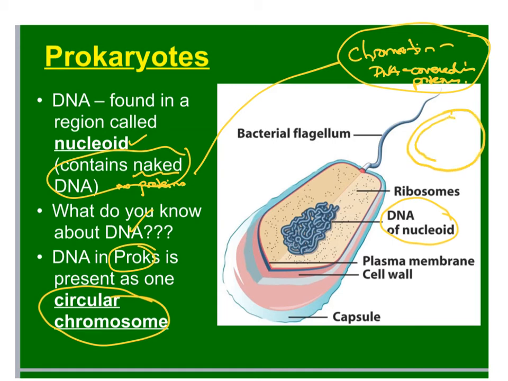And why am I drawing double? Well, it's still double-stranded DNA, okay? So even though it's just a single chromosome, it's still double-stranded DNA, and this is all they need for being a living organism, and this is the heritable material that they have in their nucleoid.